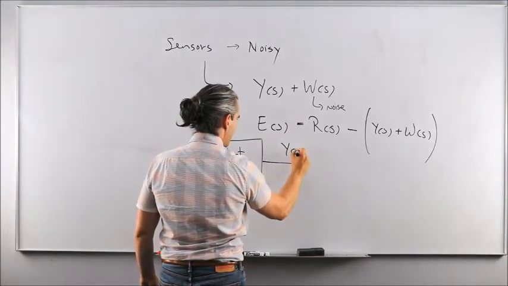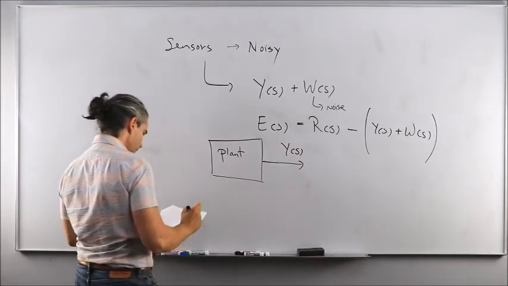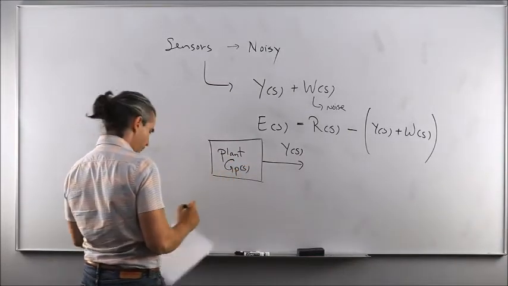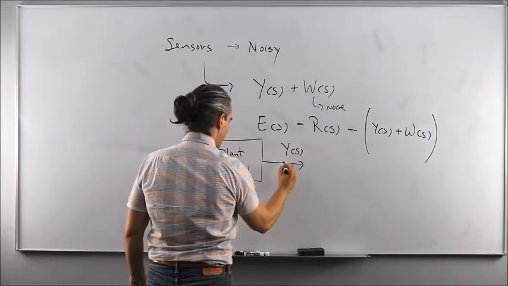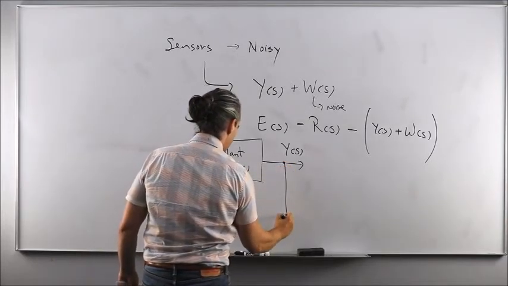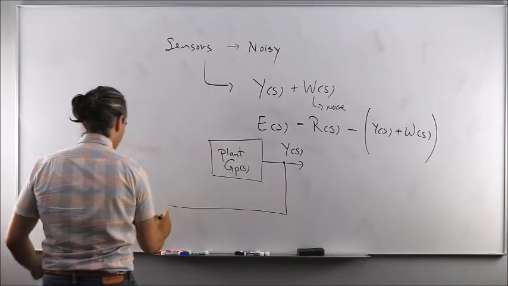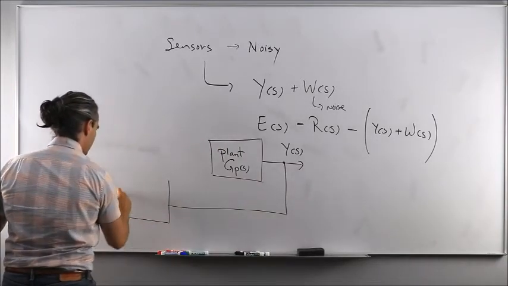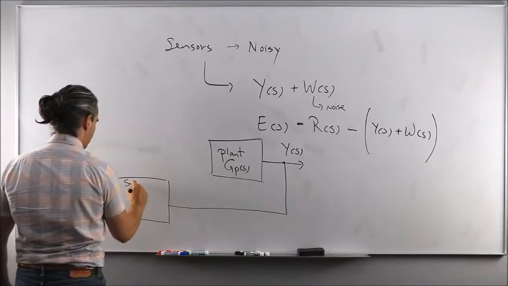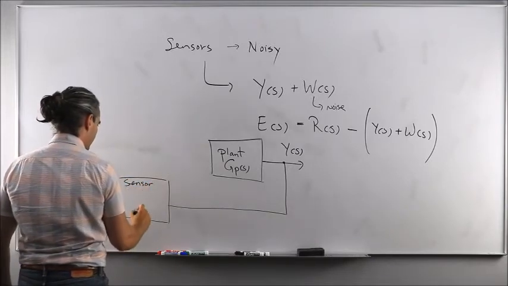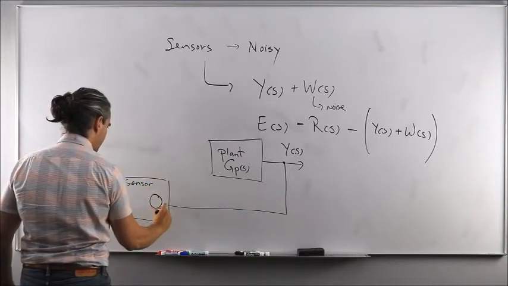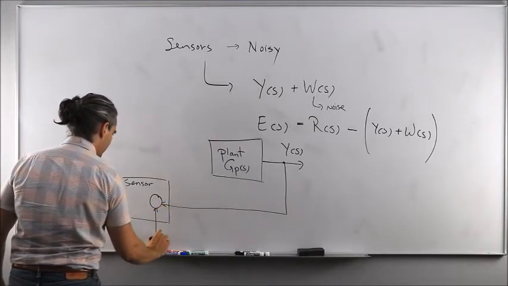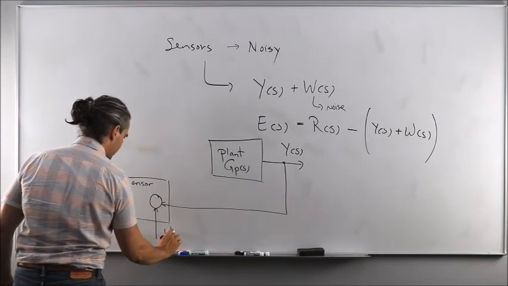So this is the output of your plant, which is your GP transfer function from before. This actual signal is fed back, and through a sensor block will then add an adverse effect, and that adverse effect is the noise, W, okay?